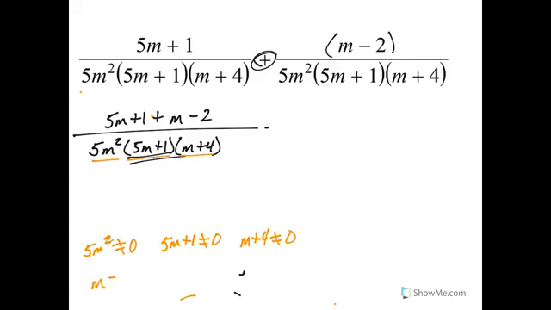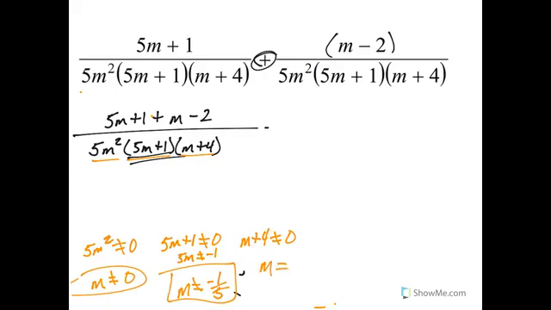No plus or minus signs. m can't be 0. Probably the most common one you're going to see when you do rationals. Second one, we're going to subtract the 1 over and then divide by 5, which tells us the m value cannot be negative 1/5. And then lastly, we subtract the 4. m cannot be negative 4.